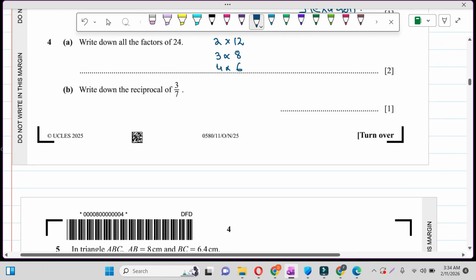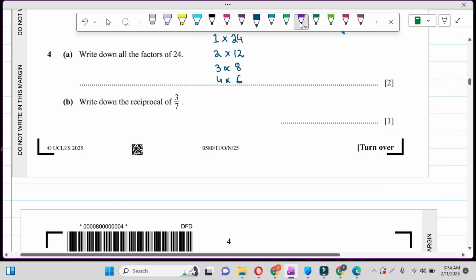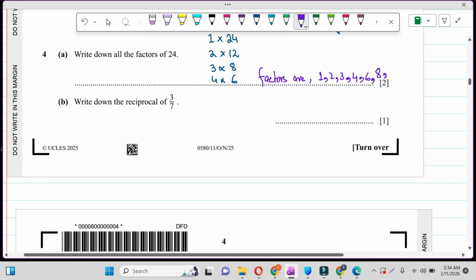Going further, it will be 6 times 4, so we don't need to repeat it. So we can say that the factors are 1, 2, 3, 4, 6, 8, 12, and 24.